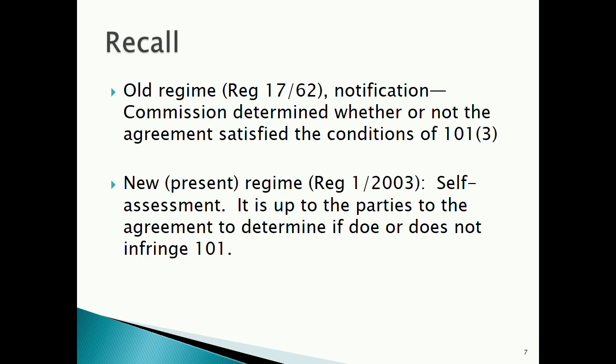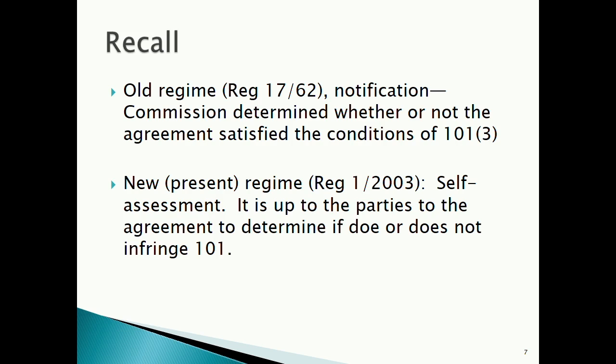Now, the change. Prior to May 1st, 2004, when Regulation 1/2003 came into place, Regulation 17 applied. Remember I spoke briefly about Regulation 17 way back when.